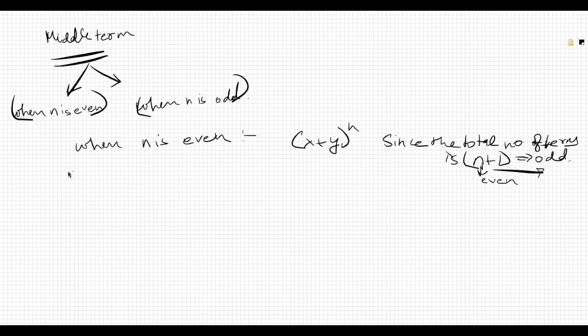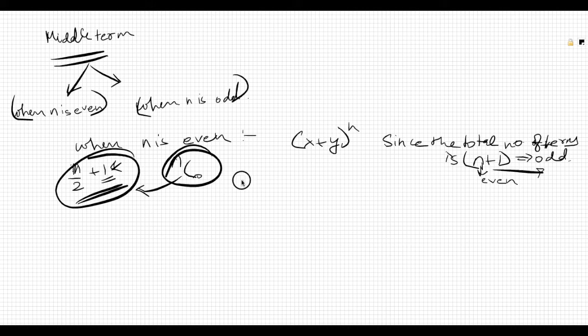The middle term is only 1, and it is the (n by 2 plus 1)th term. The 1 comes since we are including 0 too from this expression nC0, so that's the reason the term number becomes 1 extra. So this is the only middle term present in the expansion of this.